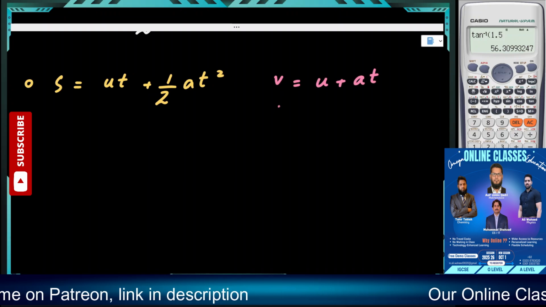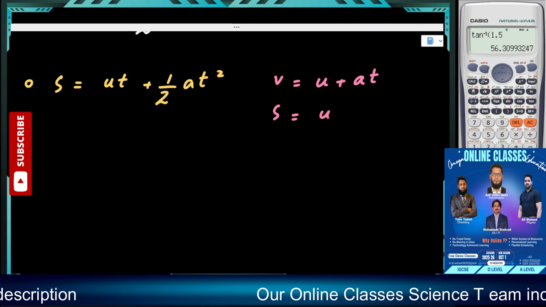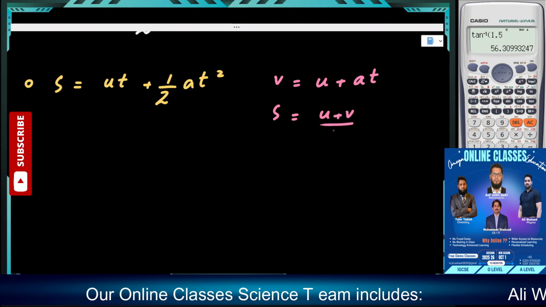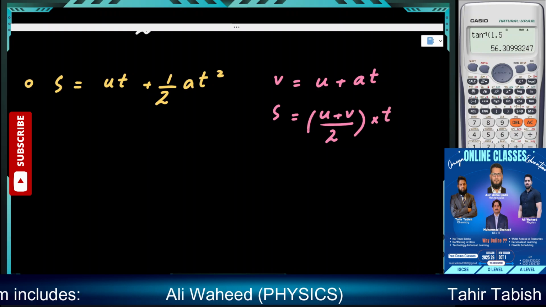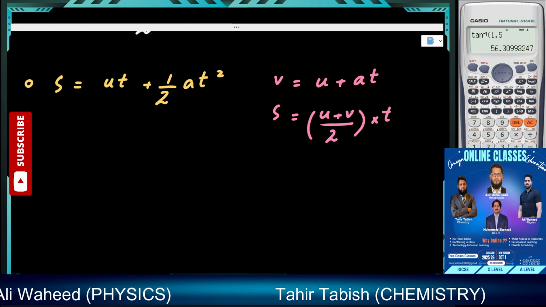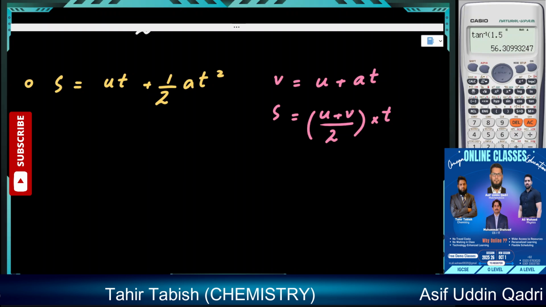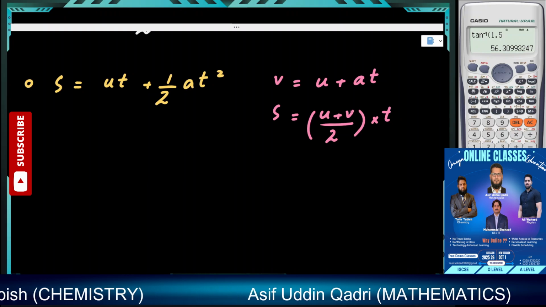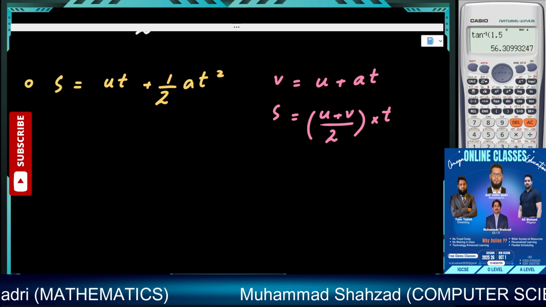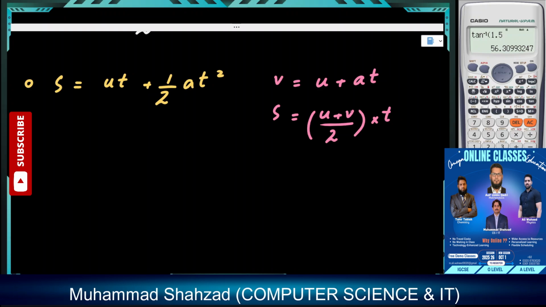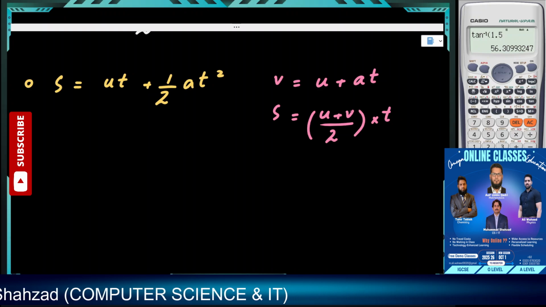And the second one that we are done with is s equals (u plus v) divided by 2, all of it times t. So we're done with these two.